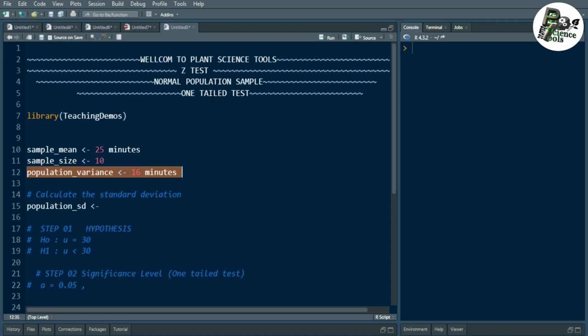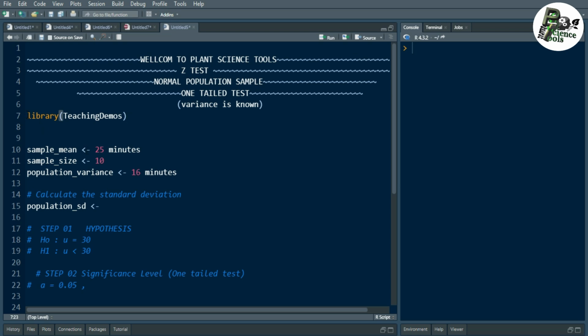It is also a one-tail test, and in this question the variance is known but the standard deviation is unknown.